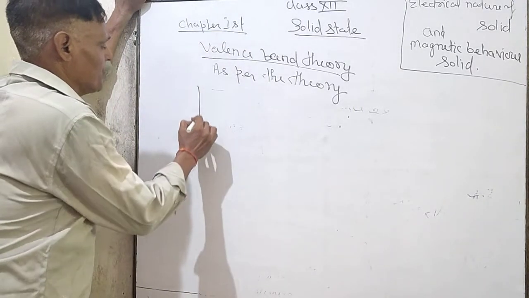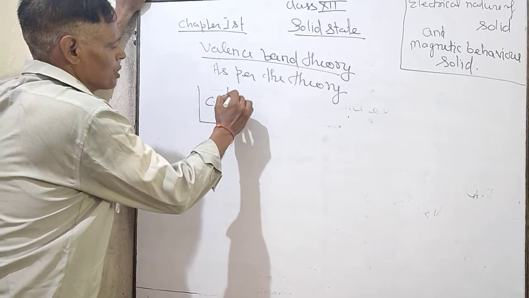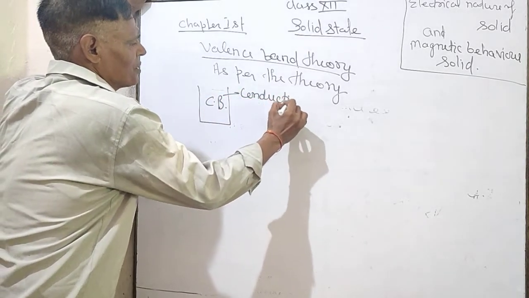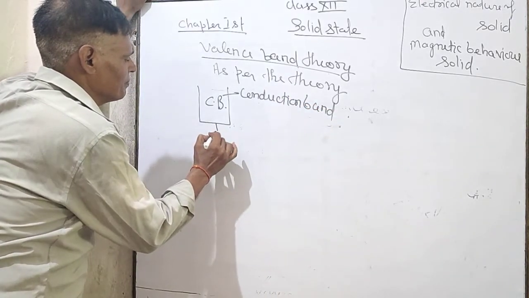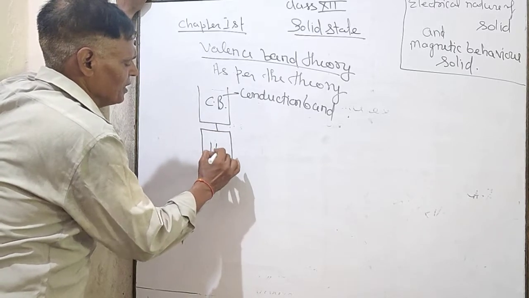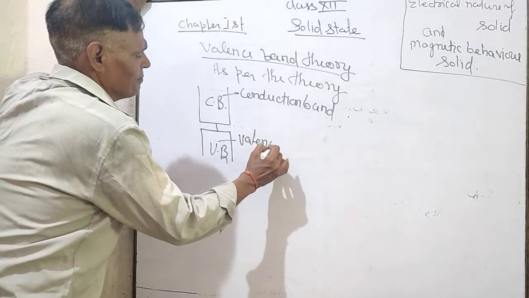Here, this is your conduction band, that we call CB. CB means conduction band. And here you see, this is your valence band, VB. That we call valence band.